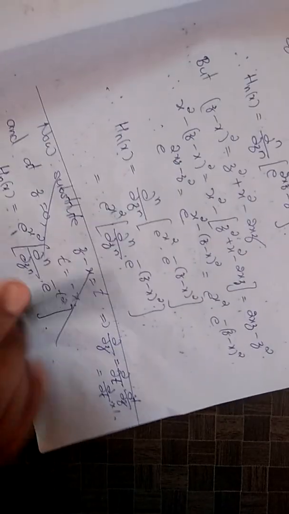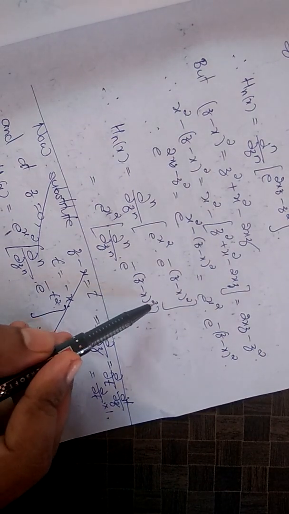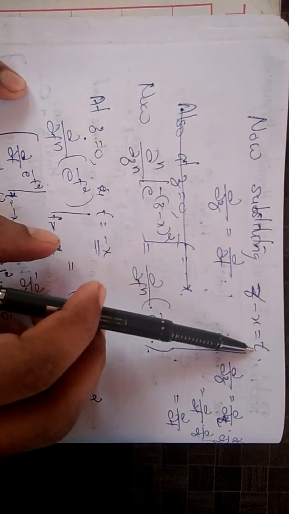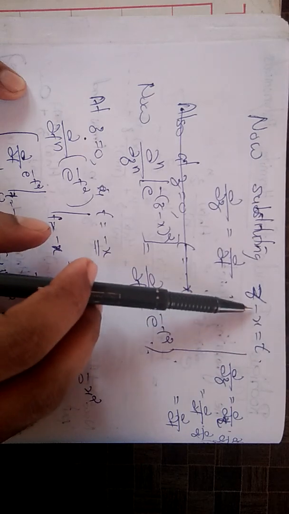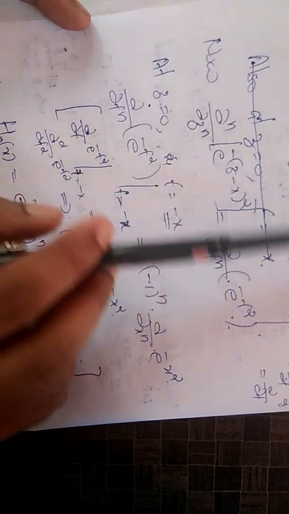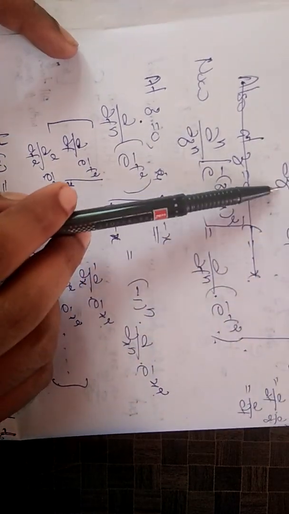Now in this expression I am going to substitute z minus x equal to t. The previous differentiation is with respect to z.